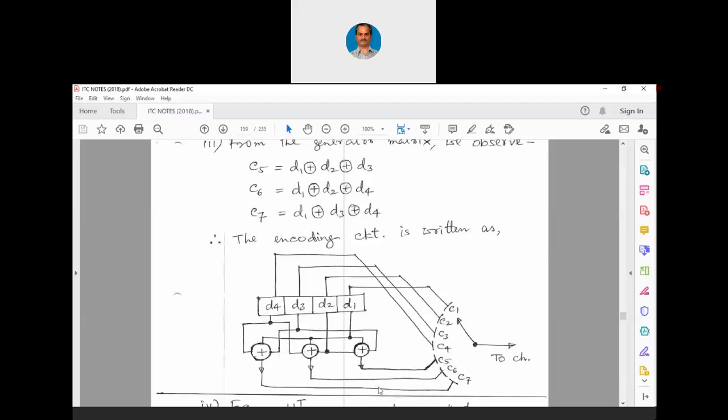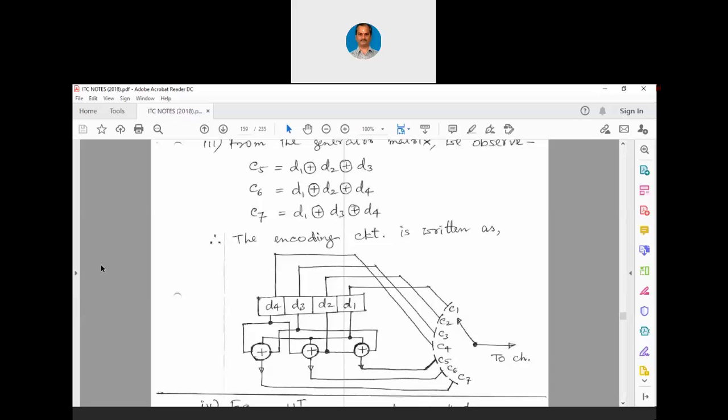C7 is now D3 and D4 and D1. That way, you can write this XOR gate and make connections accordingly as per these equations, and the equations are obtained from the generator matrix itself, and using that you can write this circuit diagram. This will be asked in the tests also, this will be asked in the final exams also.